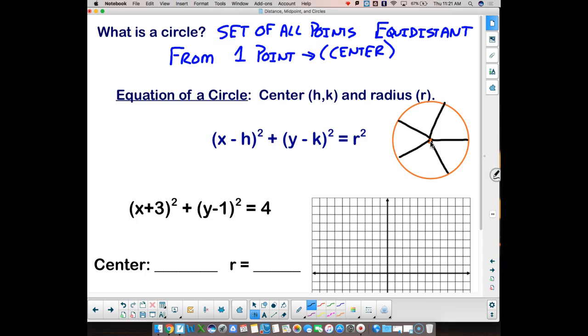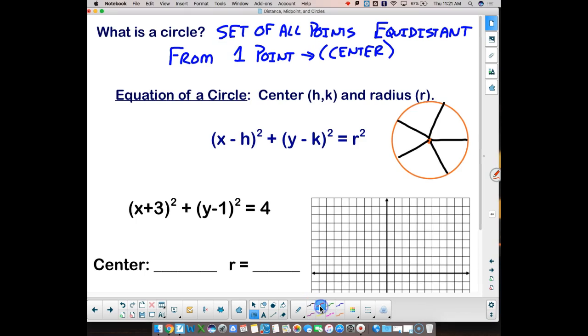Now, one thing that I will tell you, one little side note, if you will. In math, if it's inside a set of parentheses, you need to think opposite. Okay?